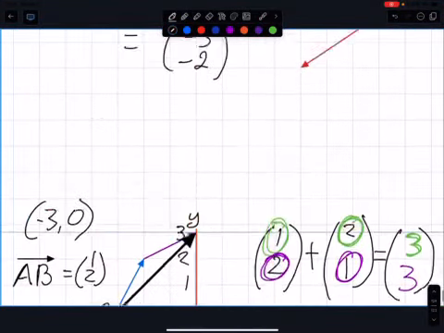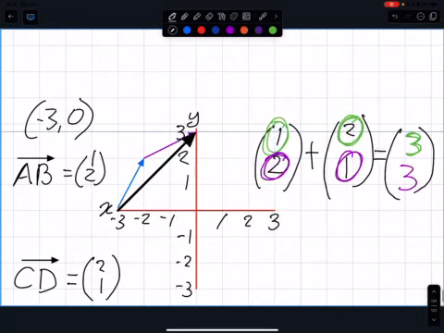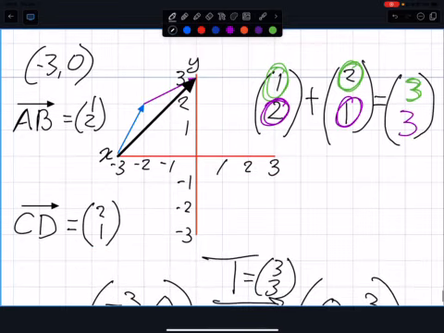So, in your previous graph, draw this triangle. They're going to say you have a triangle ABC, and these are its coordinates.